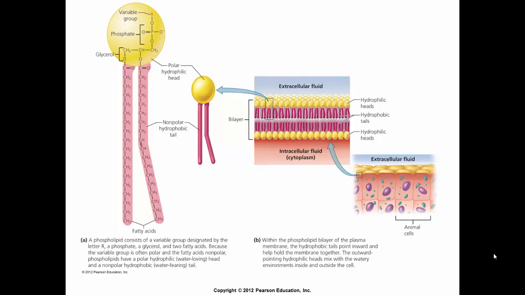You have the hydrophobic tail facing inward. Intracellularly, or towards the cytoplasm, again, you have the hydrophilic water-loving head with the hydrophobic tail facing in towards the other hydrophobic tail from the extracellular fluid.